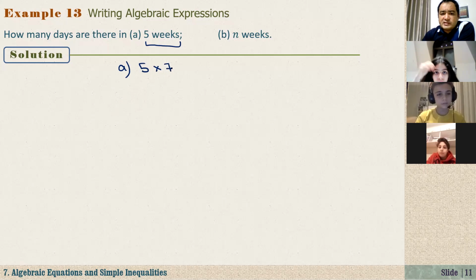Each week, actually, we have 7 days. So that's equal to 35 days. Now, if I ask you a similar question, how many days are there in n weeks? As I say here, number of weeks, so it will be 7n days.